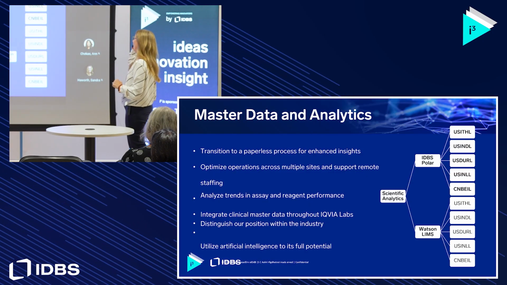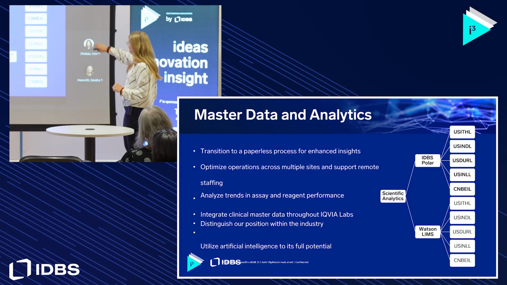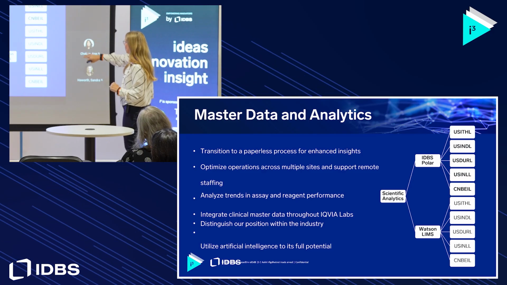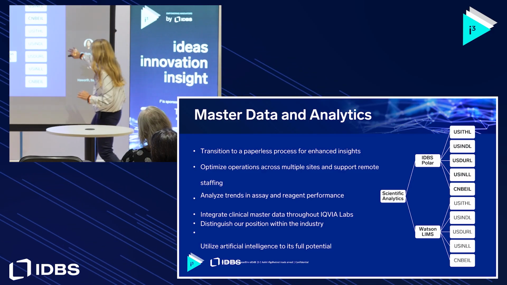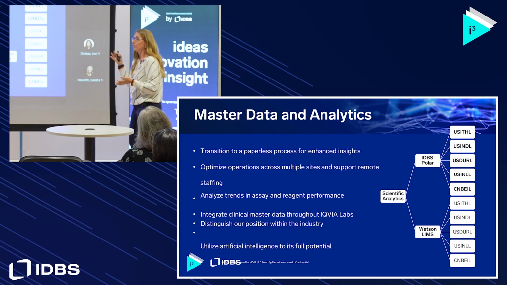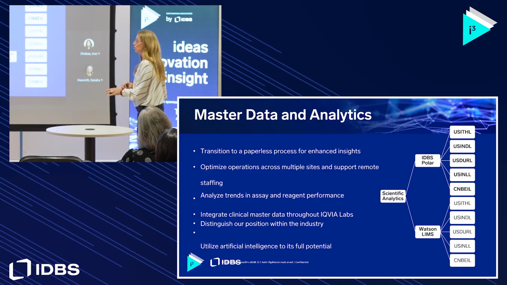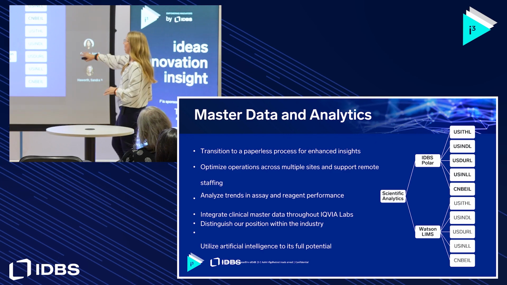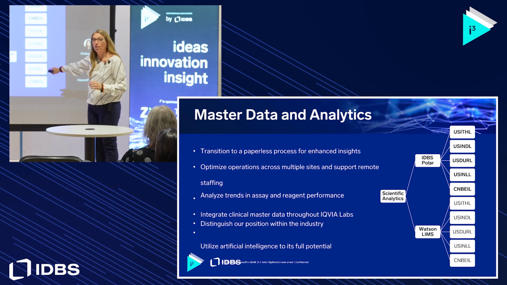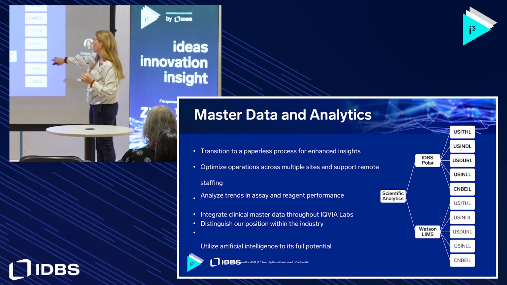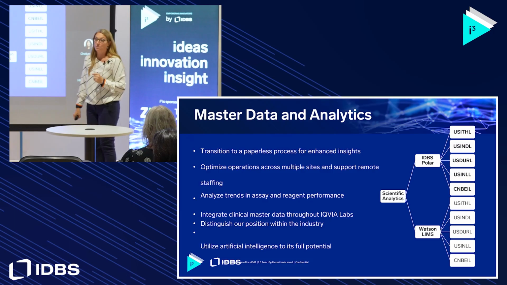All right, so on the right-hand side are our two main business systems, IDBS Polar and Watson LIMS. You can't see the gray lines, but hopefully a little bit. You can see all of our labs are in the same system, which is great, and it took a long time to get here. Now I've gotten queries from our project management team to connect our data from IDBS and Watson and do some scientific analytics in Power BI.